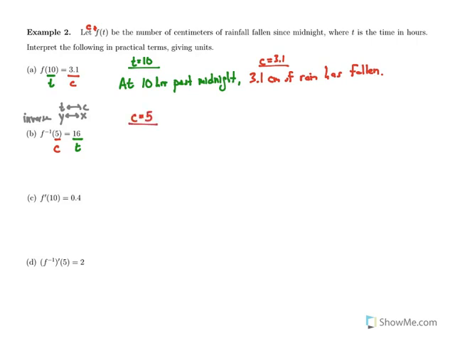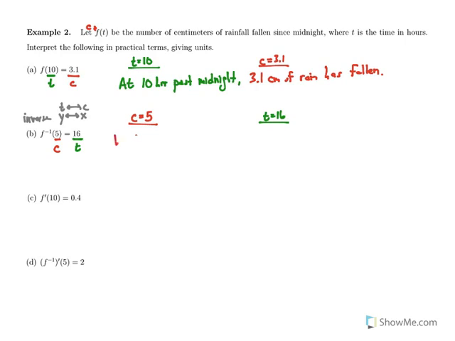First, we're going to say, what does it mean to be C equals 5? Oh, sorry, I did that backwards. C equals 5. That's the centimeters.